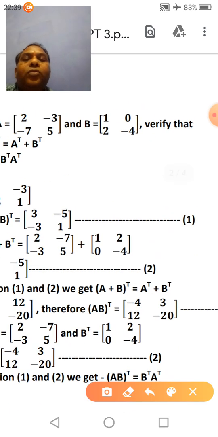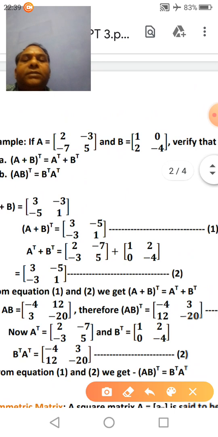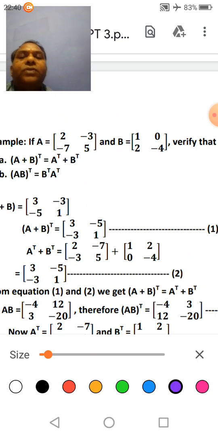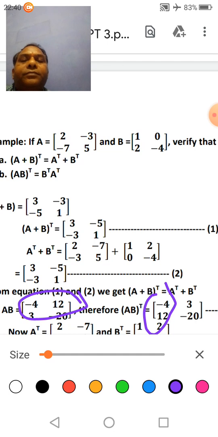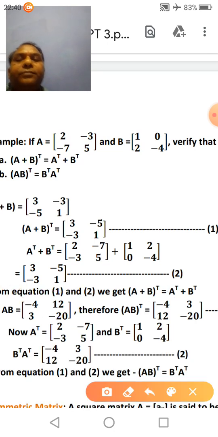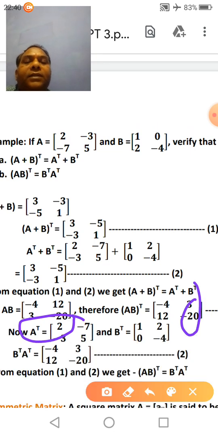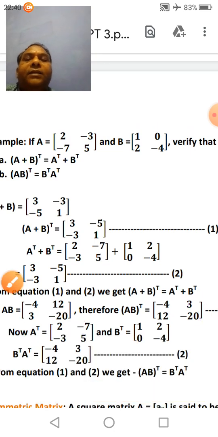So you have to write rows as columns or columns as rows. Clear? Then you have transpose of AB.